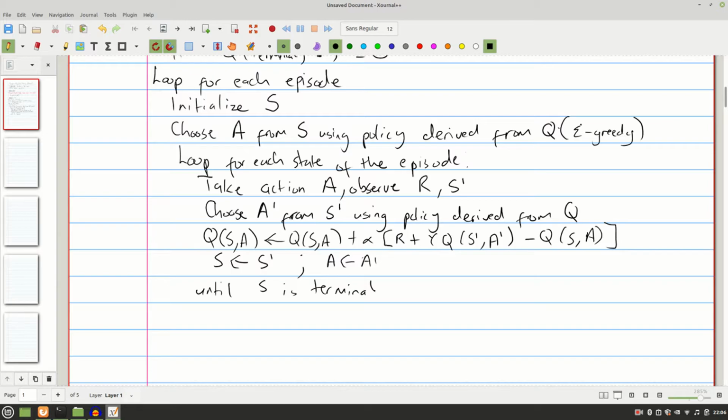It's pretty simple. The only thing to note here is this section over here, how we are updating our Q value.